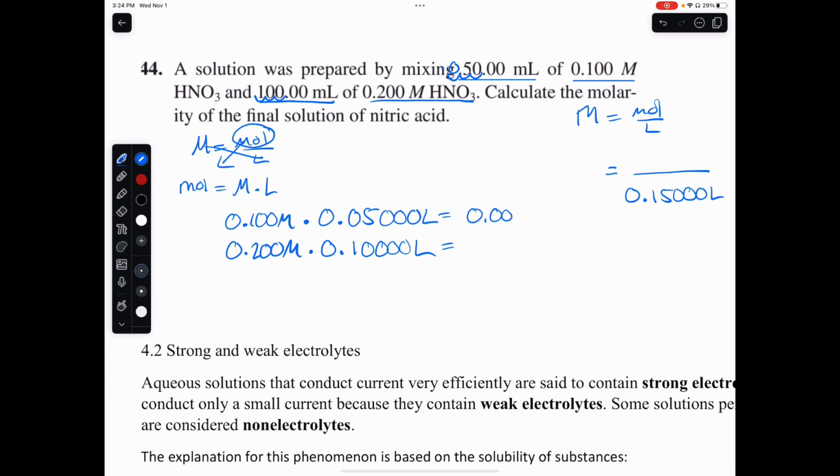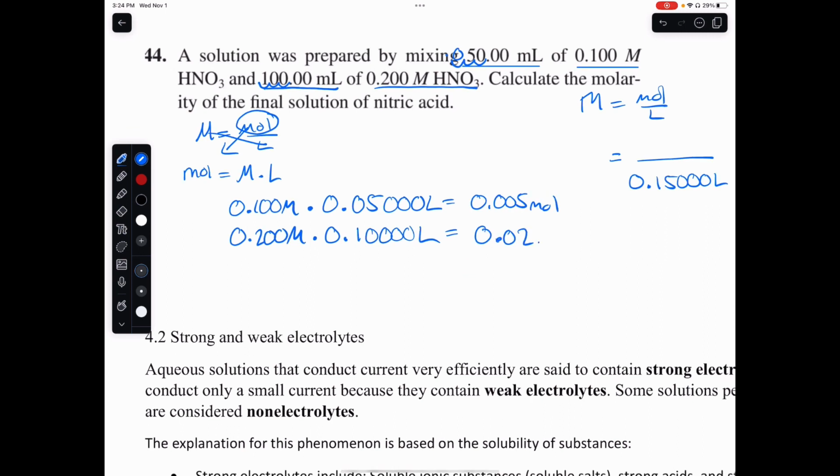So let's do that. So the molarity for the overall solution is the number of moles of each of the individual solutions mixed together divided by the total number of liters.